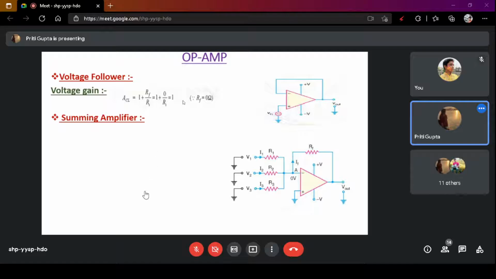Give a heading and then draw this figure. Summing amplifier, inside a bracket write down adder. Sometimes you may get a question: explain adder or write a short note on adder. The summing amplifier and adder both are the same.